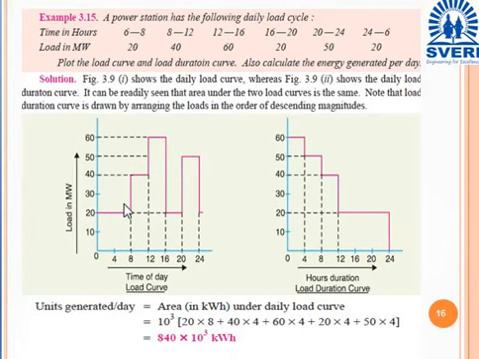Now we will have to draw the load duration curve, and the load duration curve is nothing but the load curve in descending magnitudes. First of all we take the highest one. The highest is 60 for 12 to 16, almost 4 hours. So for the first 4 hours it will be 60. Then after 60 it is 50, for 20 to 24, again 4 hours.